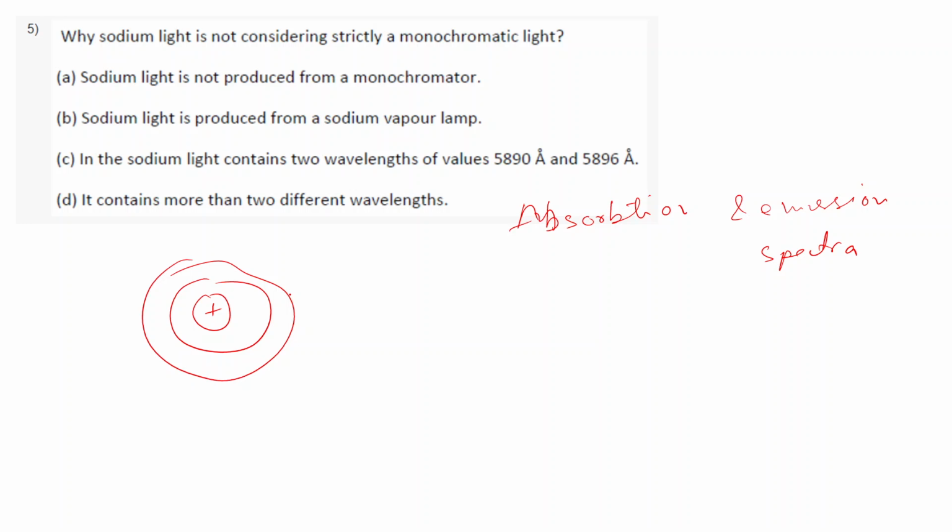And this energy level, when we study further, we get to know it's not only given by n equal to 1 or n equal to 2. Because there are more couplings, something known as spin orbit coupling.